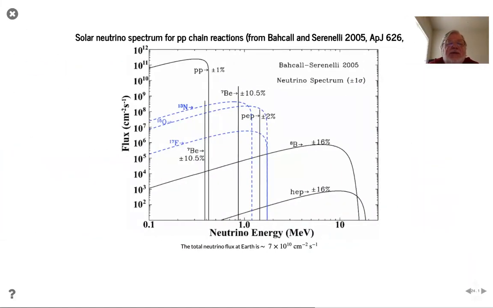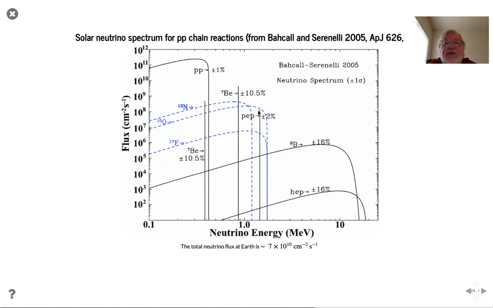this figure shows the solar neutrino spectrum for PP chains measured experimentally, which confirms that at the center of the sun, our closest star, we do have reactions of PP chains going on.